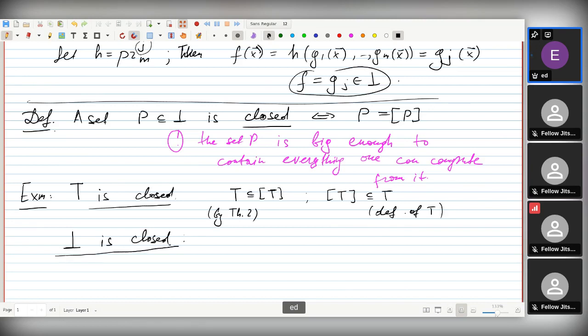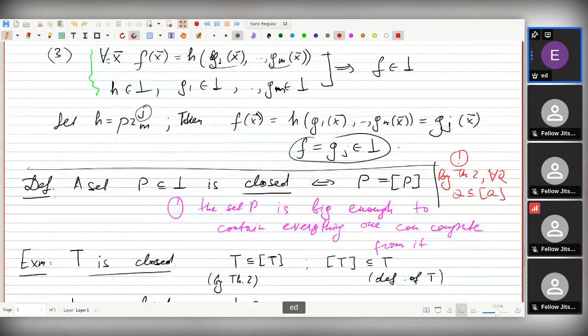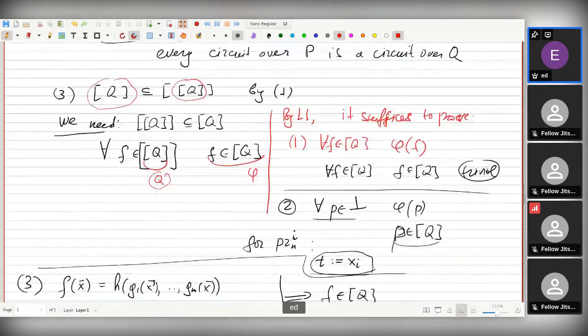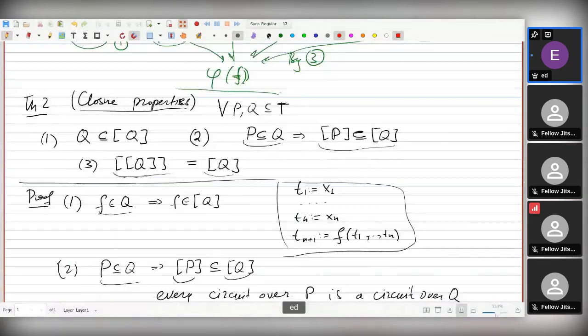Why is it so? Let us check. Clearly, by theorem 2, for whatever set Q, Q is included into its closure. So there is no need to treat this fact specifically for any given Q. Everything is included into its closure.